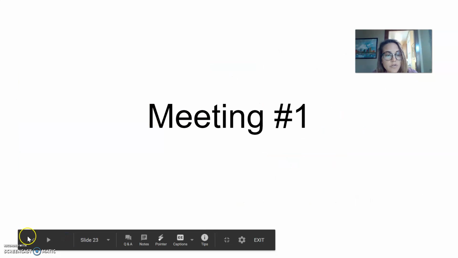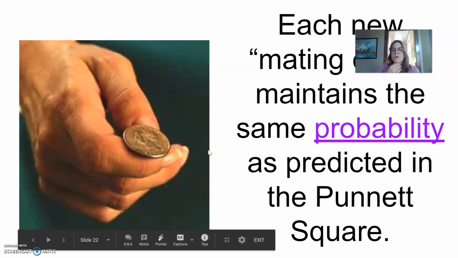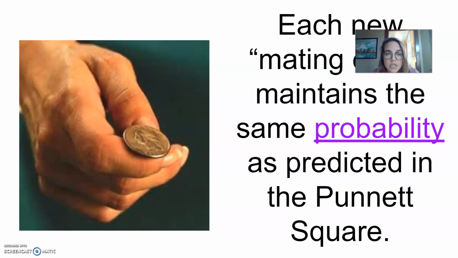Okay, I'm running out of time here, so this is my last slide. What I want to emphasize is that a Punnett square is a prediction of a probability. Each time mating occurs, the same probability of 75% tall, 25% short exists each time.